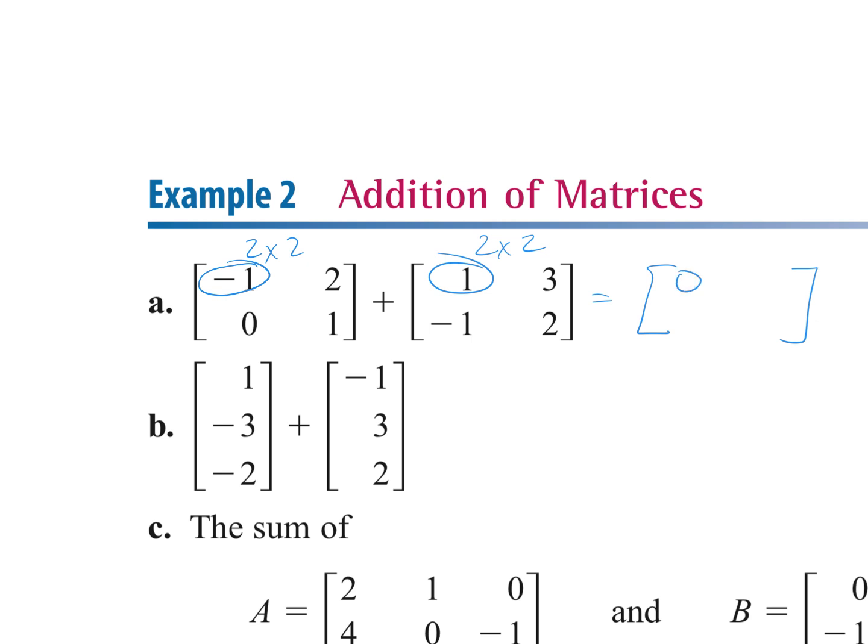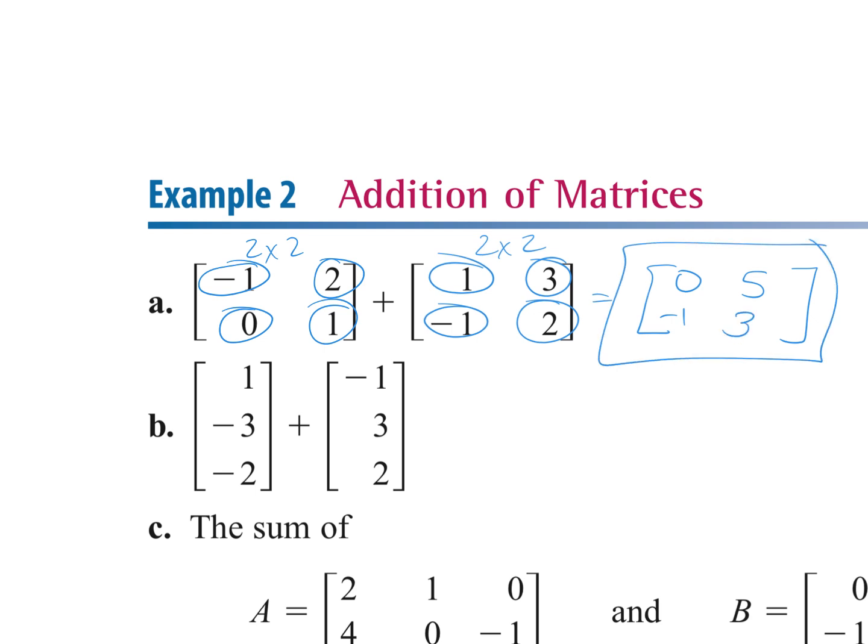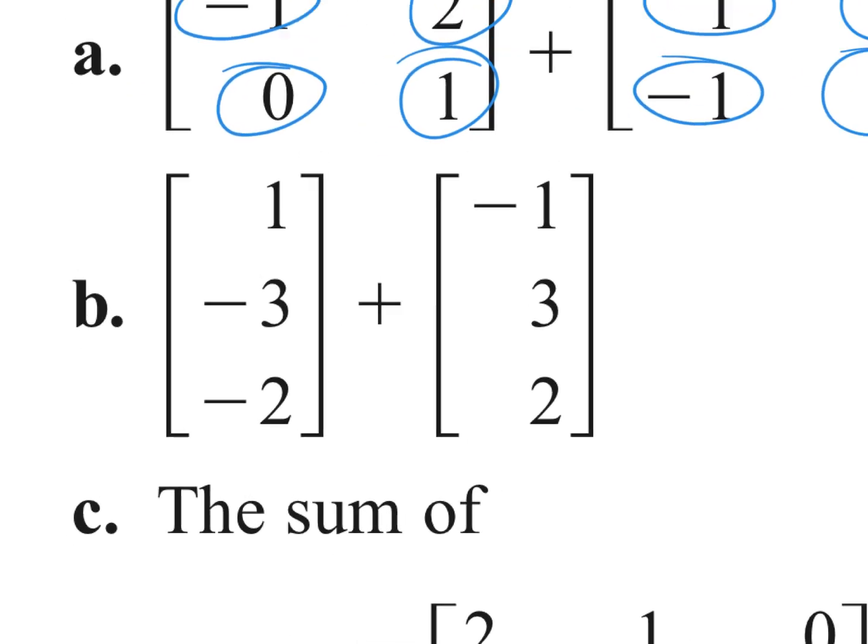If you want to go to the right, that's fine. Doesn't matter. But what's 0 plus -1? -1. What's 2 plus 3? 5. And what's 1 plus 2? 3. So there's your answer. You just added them together.